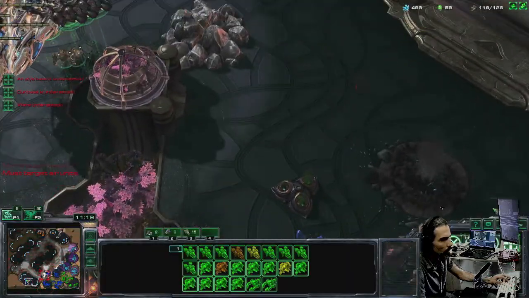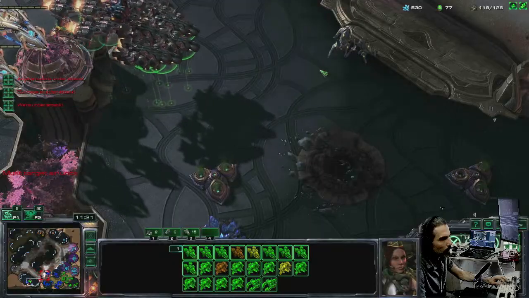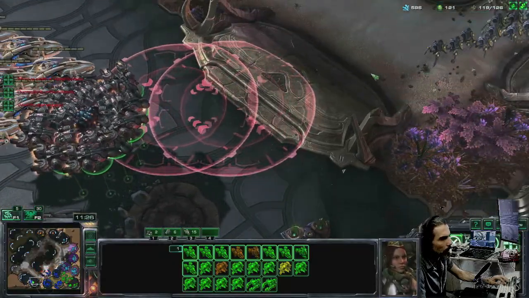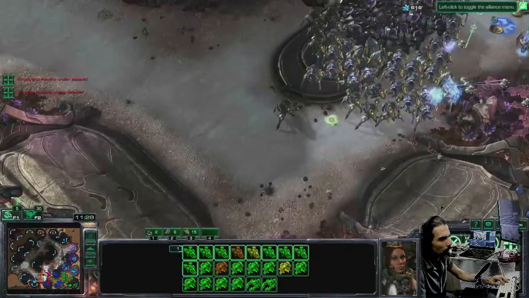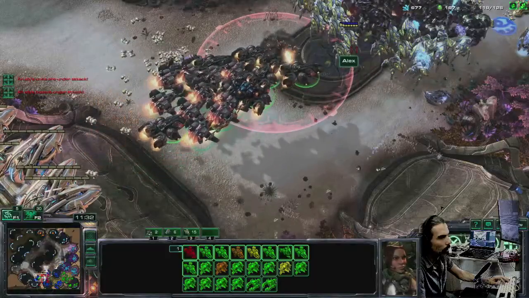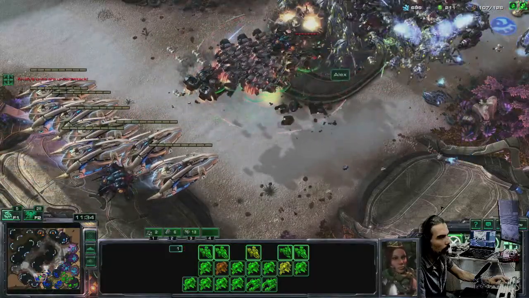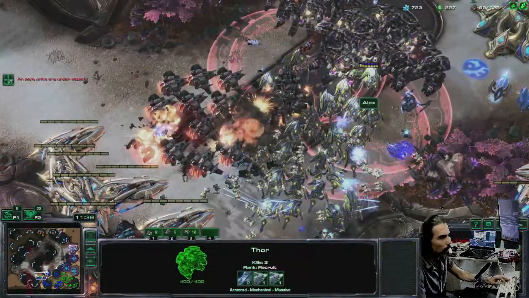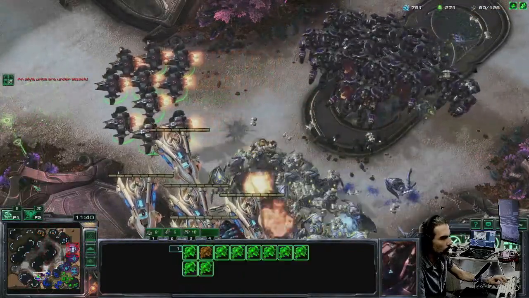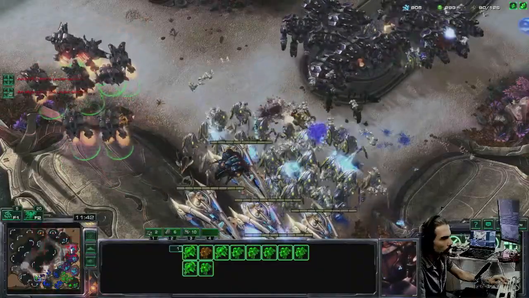Our allies' base is under attack. Perfect. Our allies are being attacked. As you say. Initiating. Our allies are being attacked. Certainly. Our allies' base is under attack.